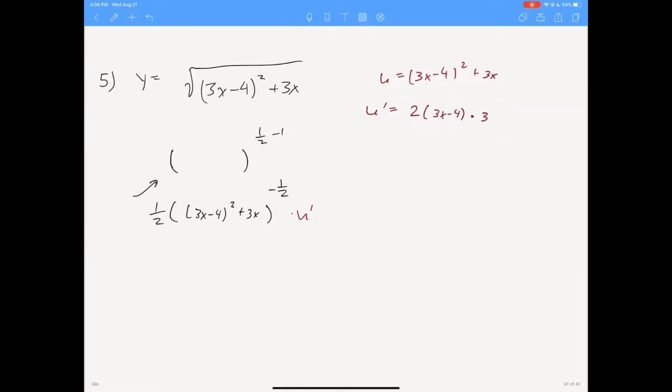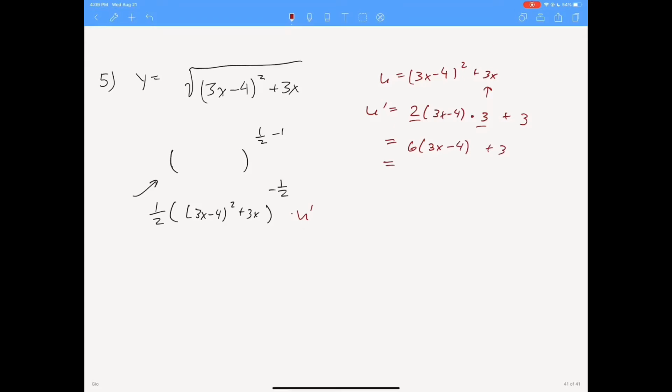And we still have our other term here, the plus 3x. We just have to differentiate that. And that's an easy derivative. That's just a plus 3. And let's actually clean this up. We have a 2 times a 3. So this will be 6 times 3x minus 4 plus 3.